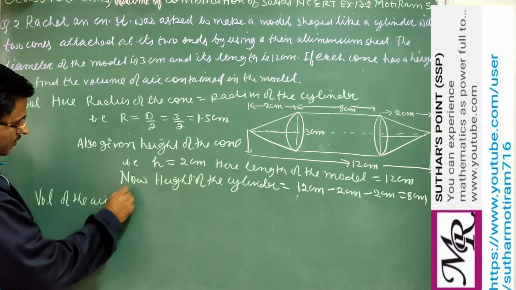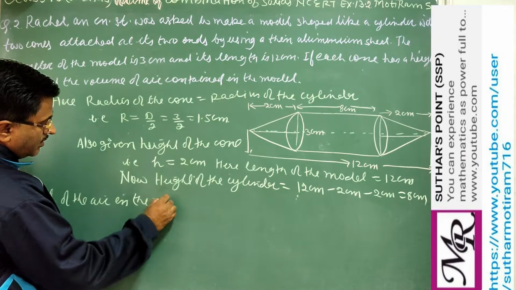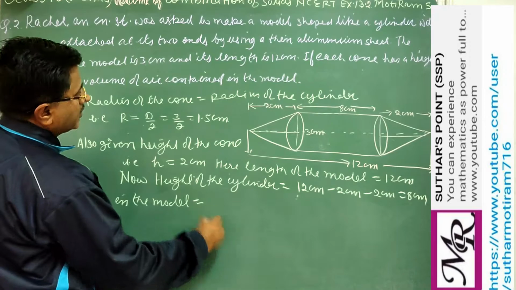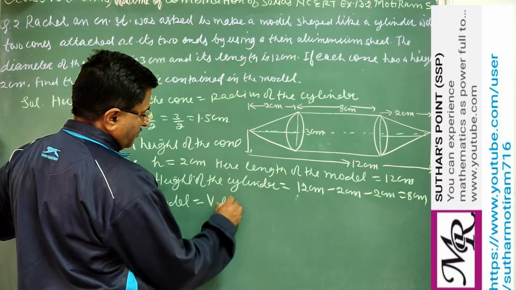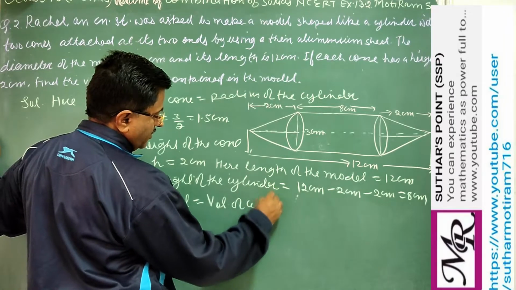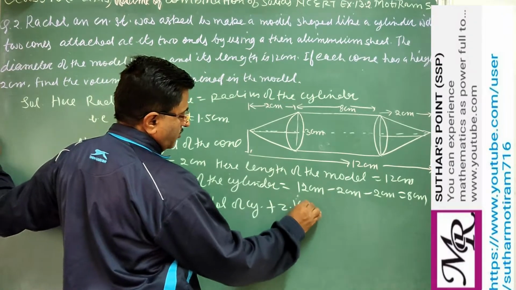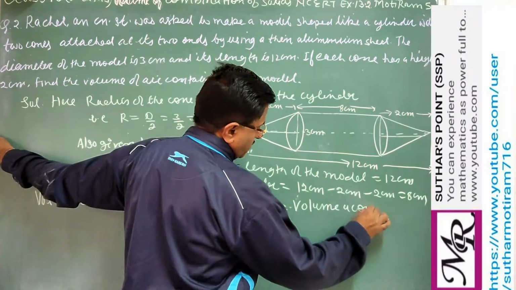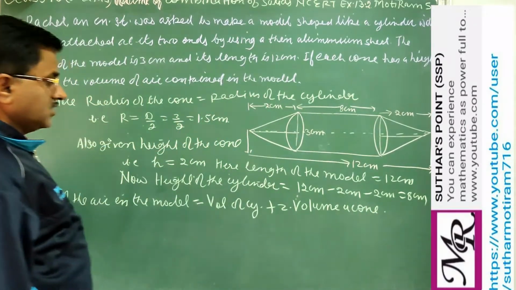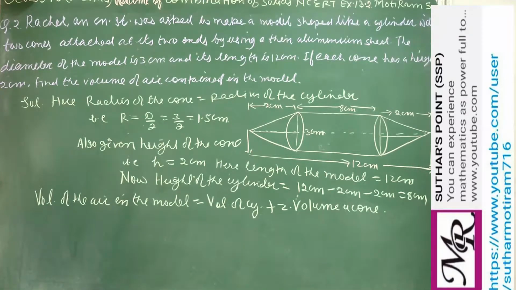Now we can say volume of the air in the model is equal to volume of cylinder plus 2 into volume of cone, because there are two cones. Volume of a cylinder plus 2 into volume of one cone.